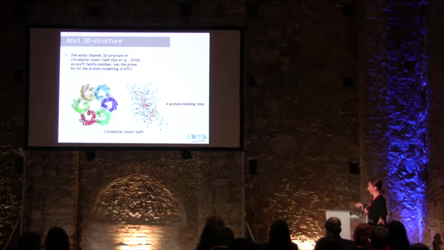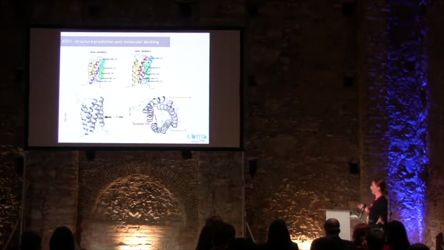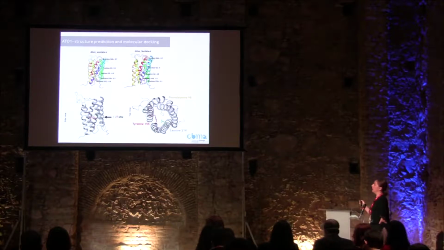with 4 predicted binding sites. So what we did was to model our ATO1 from cerevisiae, and we also got the same 4 predicted binding sites. At the time, we decided to explore the FLY site, which is located in the middle of the protein, and it's the narrowest constriction site present in this permease.